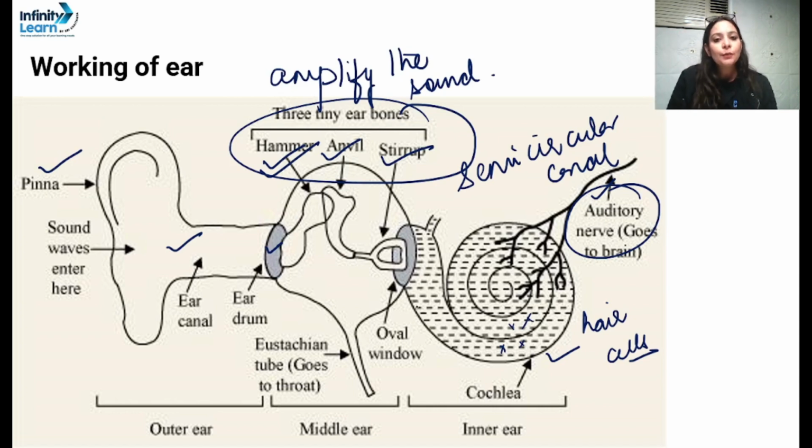Then they pass on to cochlea. And when it is passed to cochlea, the vibrations are passed on obviously to the hair cells. They get active and they convert the mechanical signal into an electric signal, and through auditory nerve they send it to the brain, which analyzes and responds to what you have heard. So this is how our ear actually works. I hope it is clear to you all.